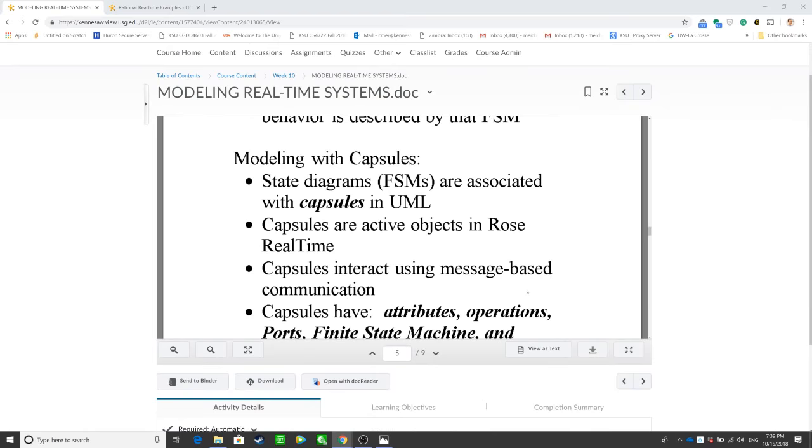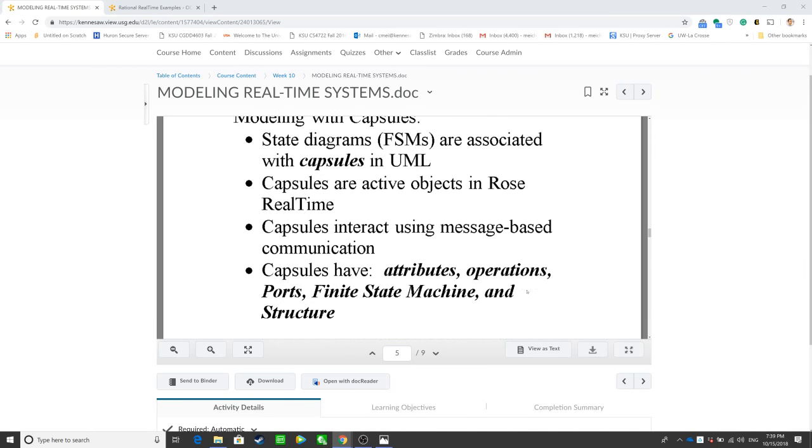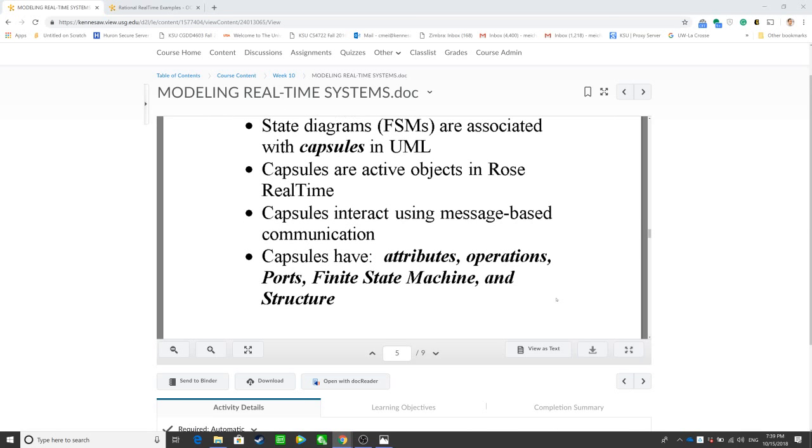So when you're modeling with capsules, state diagrams are associated with capsules in UML. Basically, every capsule is associated with a state diagram. Capsules are active objects. Active means they run independently, with their own thread, something like that.